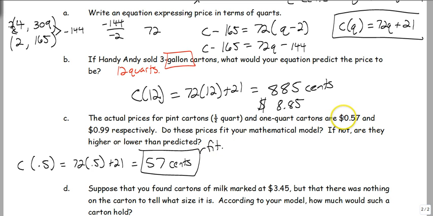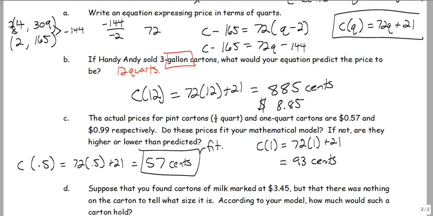Let's do full quart now. 1 quart. We have C of 1 is equal to 72 times 1 plus 21. You get 93 cents. So the model is saying it should be 93 cents. They are charging 99. So, do these prices fit your mathematical model?